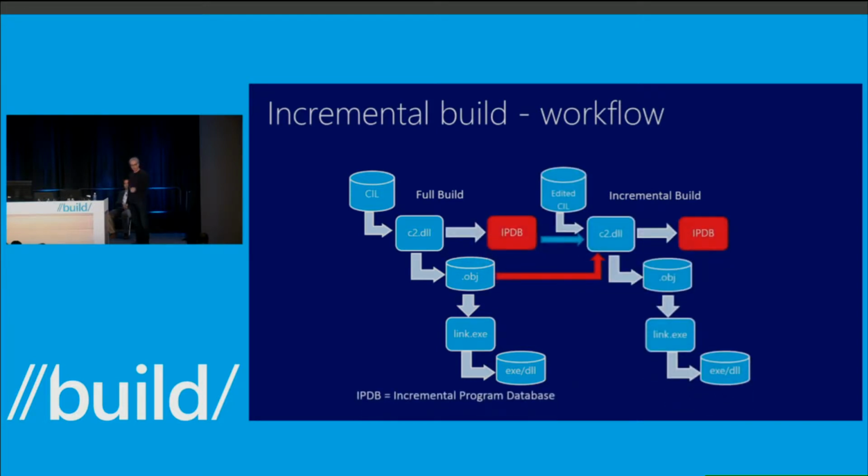But now we've introduced a new workflow. We've got a new PDB format. We call it an incremental PDB. So what we'll do is persist these CIL files and the new PDB format forward to the next time around, and that's what will allow us to do the global analysis really quickly and only compile that one function out of the 100,000. And this will be in 2015.